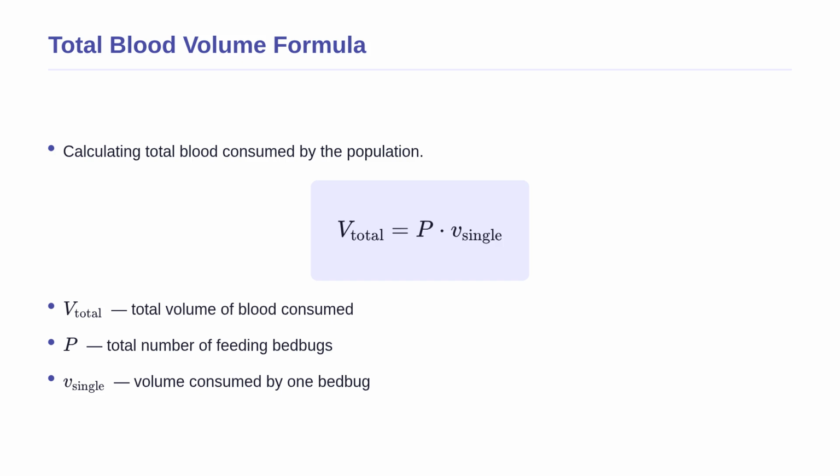The variable V single is the volume of blood consumed by one individual bedbug, which we know is up to 6 microliters. Because this is a direct multiplication, the total volume scales linearly with the population size. If the population doubles, the amount of blood lost by the host also doubles.